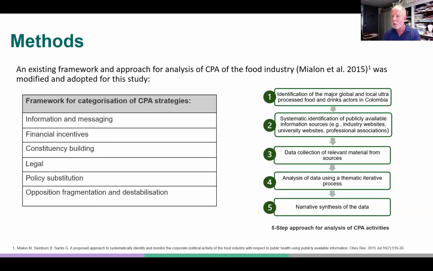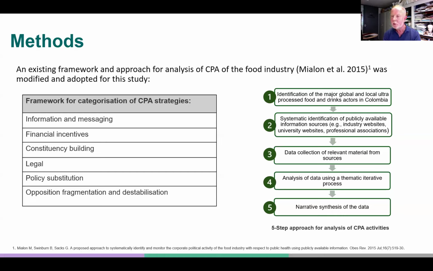But also, very importantly, there are national corporations that work at a national level. So in this slide, you can see the different corporations, both national and global, that we identified and searched through their industry websites, etc.